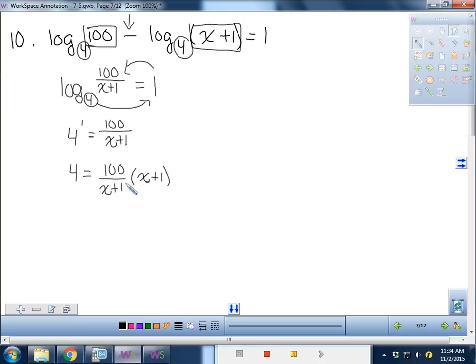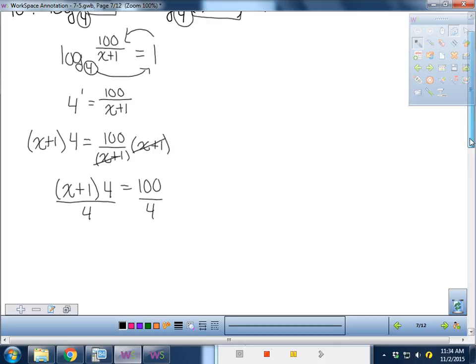Make sure you include it in grouping symbols since you're moving it. So I would say x plus 1 times this 4. I cancel over here, so I'm left with x plus 1 times 4 equals 100. Since x is included in this parenthesis and the whole thing is being multiplied by 4, I will divide by 4.